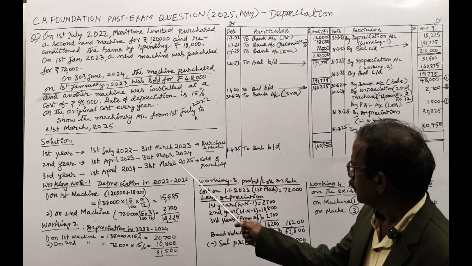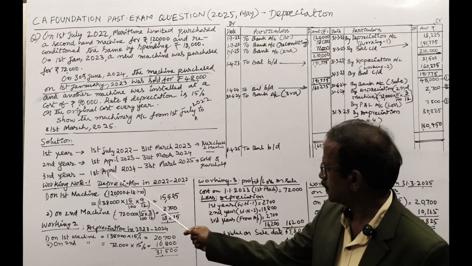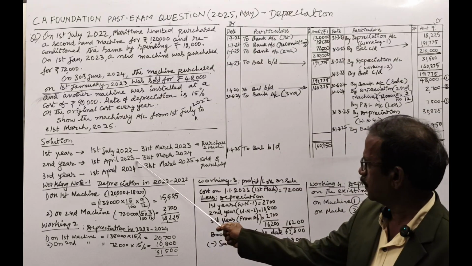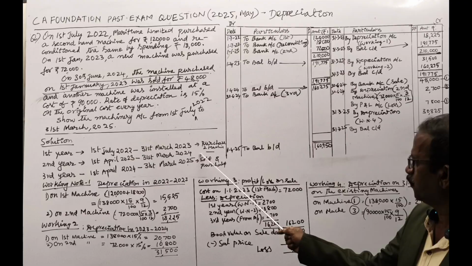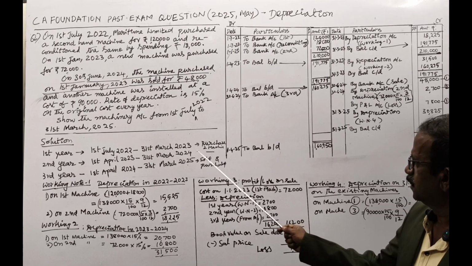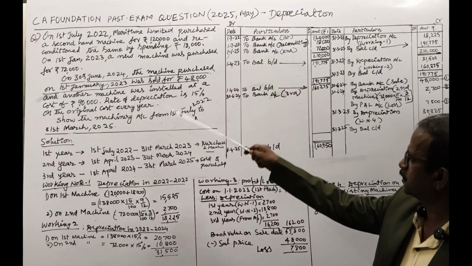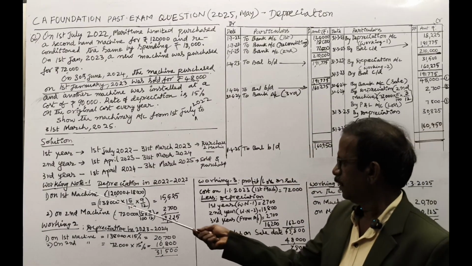Second year, the very next date of this date, that is 1st April 2023 to 31st March 2024. In the first year, we purchased 2 machines. In the second year, we did not purchase any machine. By reading this, you can understand.